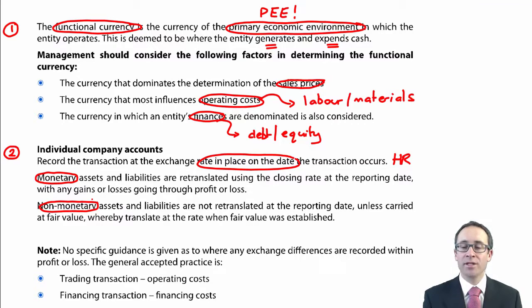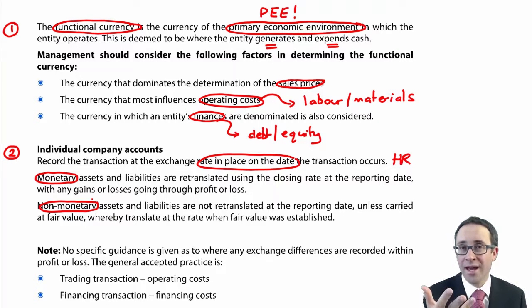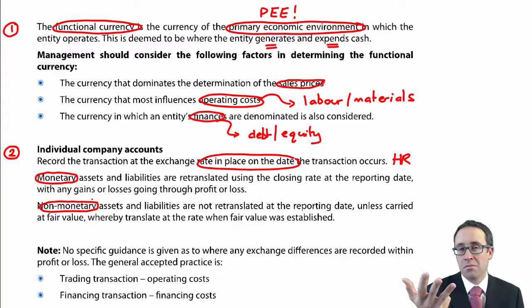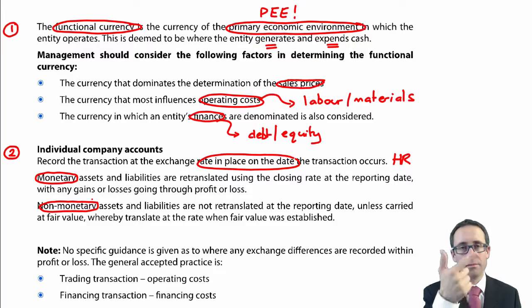Monetary items, by definition, are anything that is readily convertible into cash. So for you and I, receivables, payables, bank loans, or even cash if you have an overseas bank account, that's a monetary asset. Okay, so let me repeat: receivables, payables, loans, and bank accounts. They are all monetary because they can be readily convertible into cash.